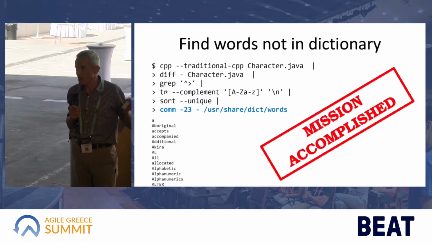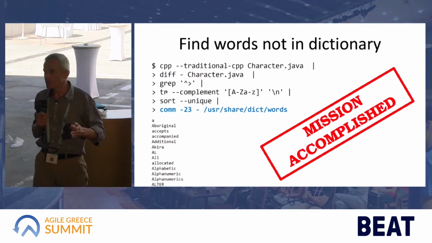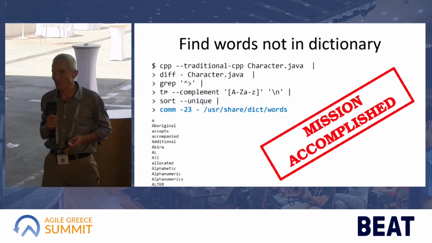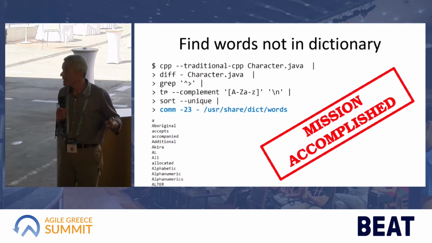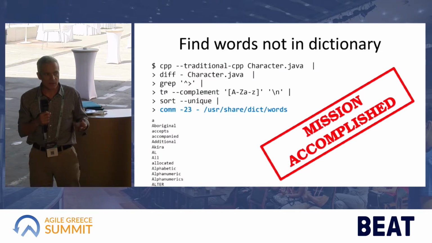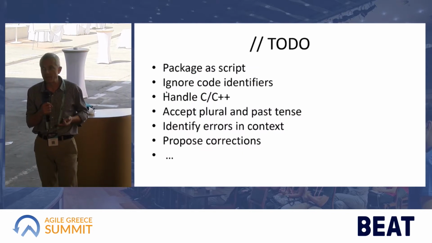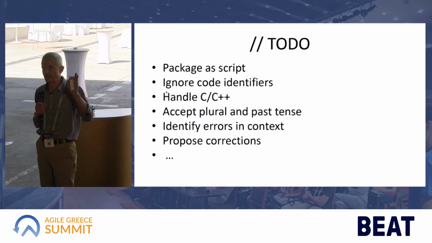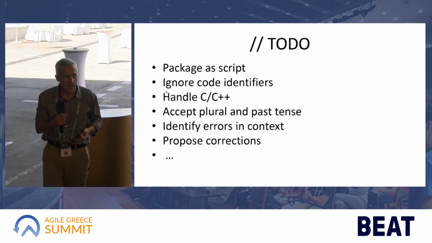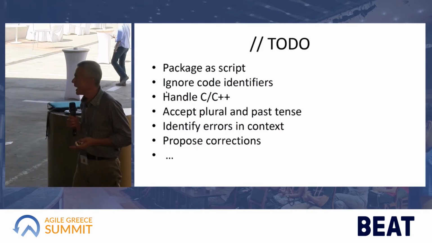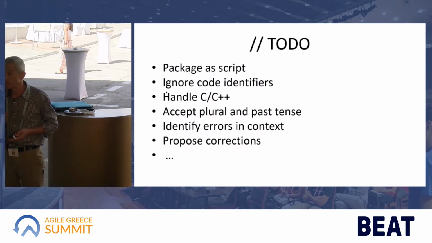As part of the challenge, I wrote this script traveling on the train from Neragiotissa to Thysio, so it can be done going to work as the boss asked me for. There are things that we can improve here, such as packaging it as a script, ignoring code, ignoring identifiers in comments, making it work with C and C++, which have real preprocessor directives in them, accepting plural and the past tense, identifying the errors in context, so highlighting them, perhaps offering suggestions.